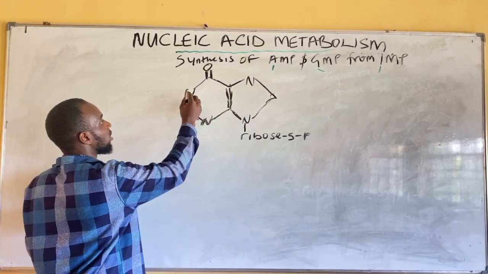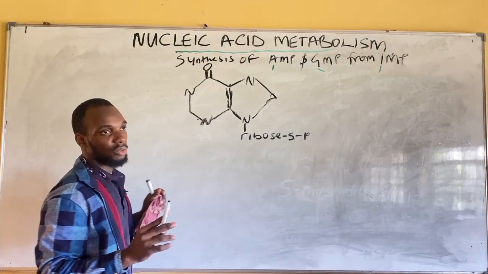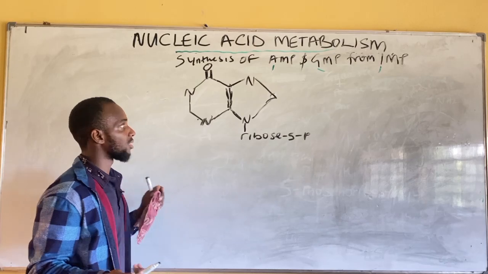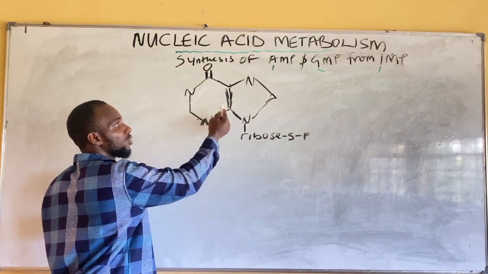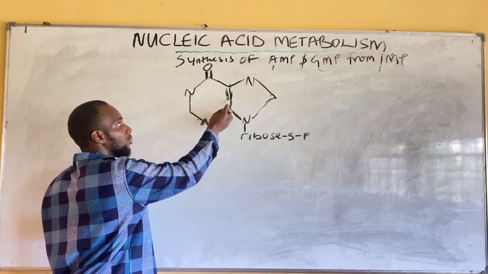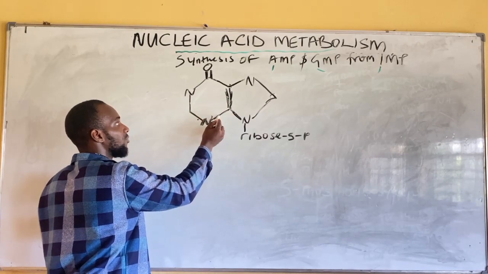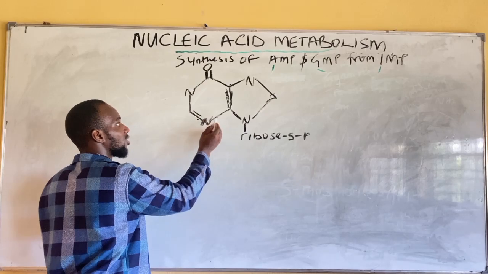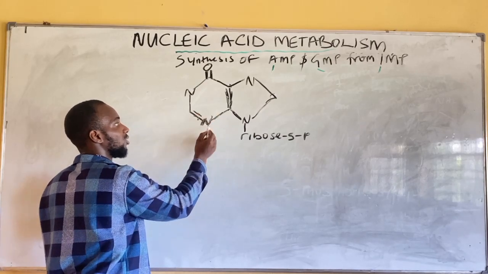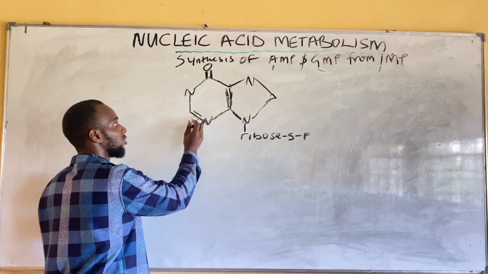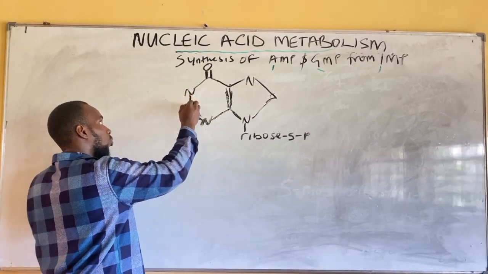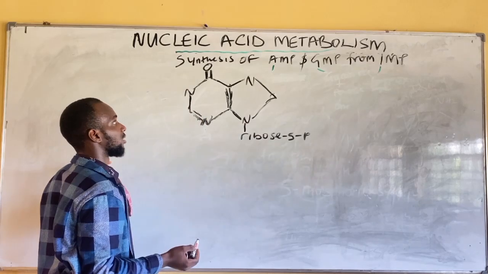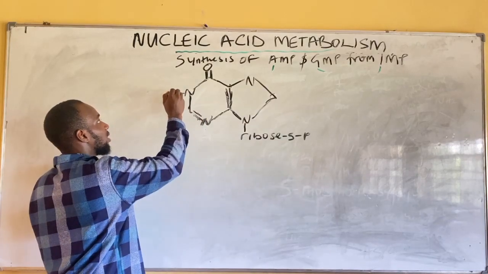Now what I normally use is that double bonds don't come close to each other. If there's a double bond here, the next double bond will leave here and come here. So the nitrogen is bonded to 1, 2, and 3, so there's no hydrogen here. The nitrogen here is bonded to 1, 2, so there's actually a hydrogen here.